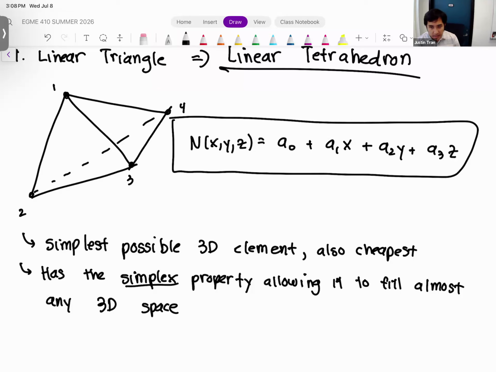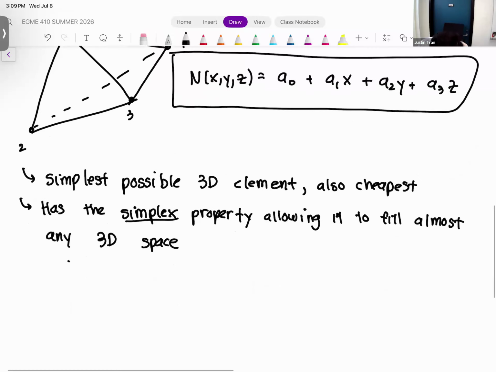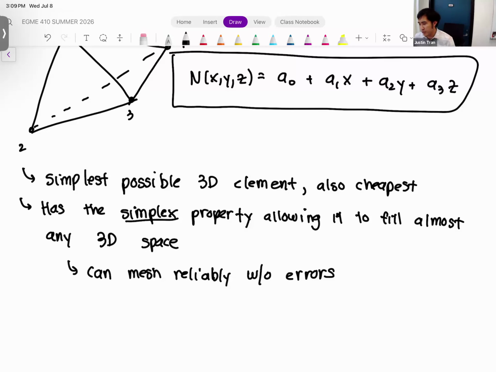And so what that means is that you can take a linear tetrahedron and use it to mesh almost any geometry, and it can do so pretty reliably. Most of the time.